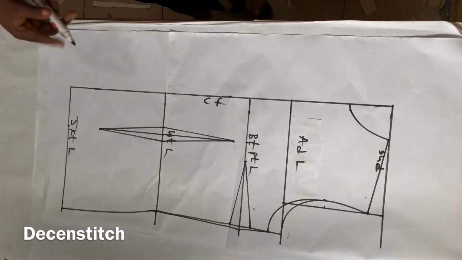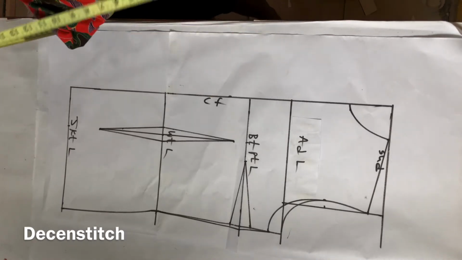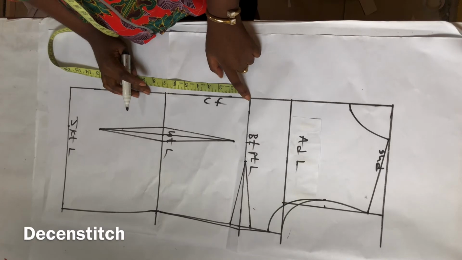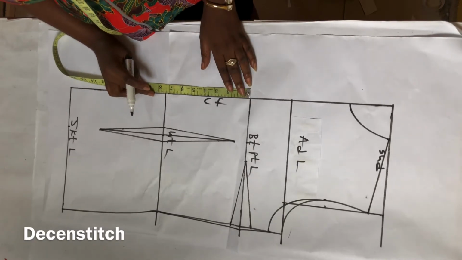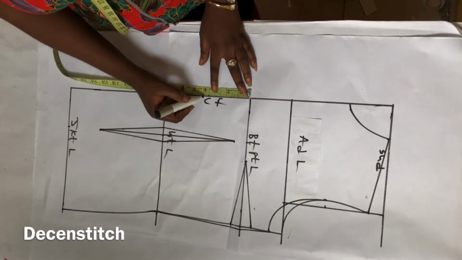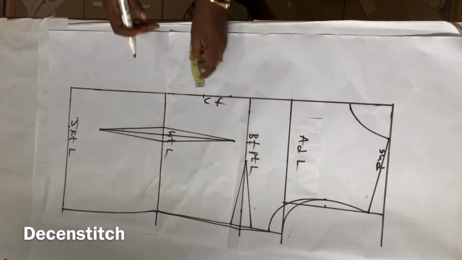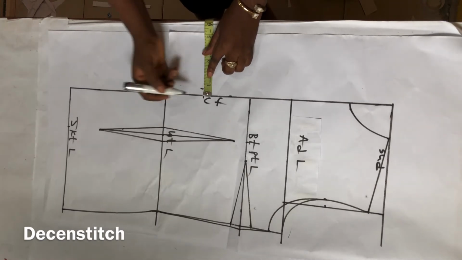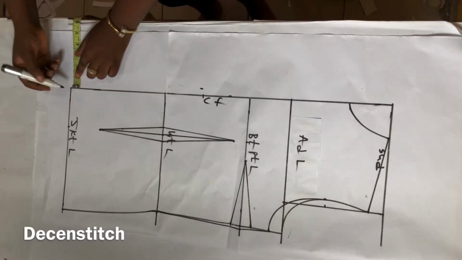The next thing I'm going to do is to determine where my break point is going to be. That is where my lapel is going to end. I like to put my break points in between my bust and my waist. You can place yours anywhere you want. I'm going to measure 0.5 here for my buttonhole.